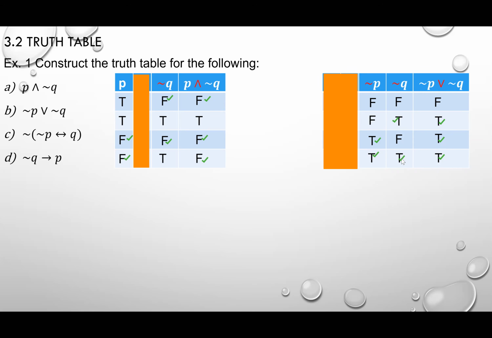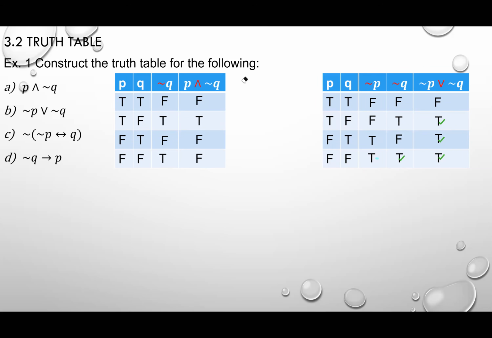For the and, as long as it's an F, the result is F. For the or, as long as I see a T, the result is T. So it's up to you. You can use the book method or you can use my way, but you have to pick one way to remember. And I will mention it more when we take questions.